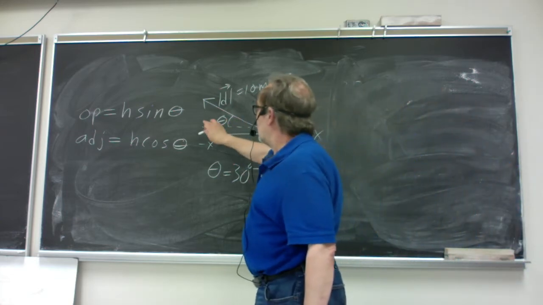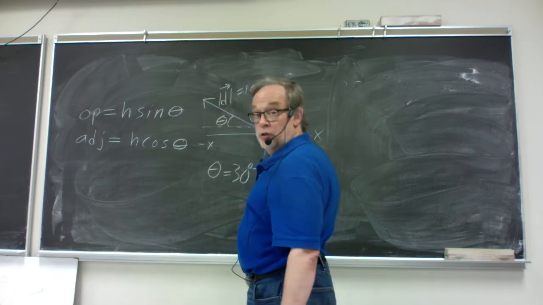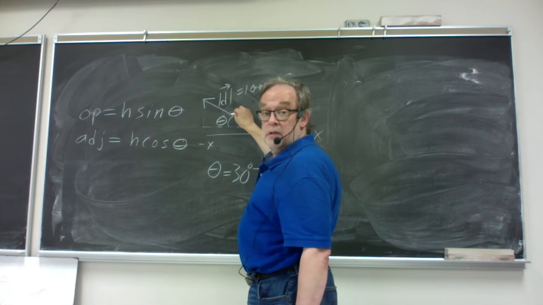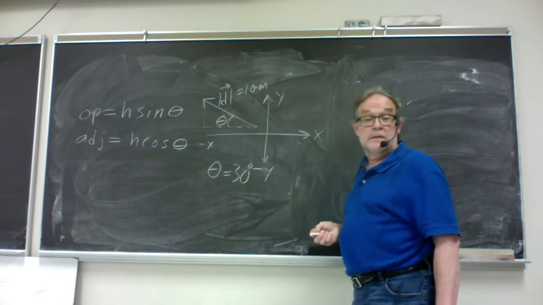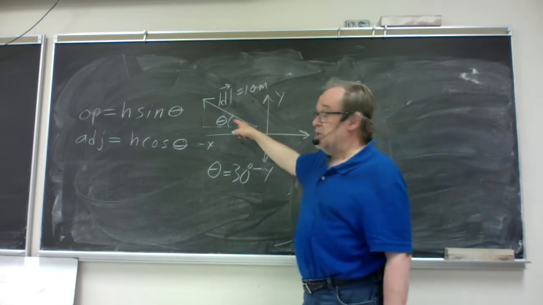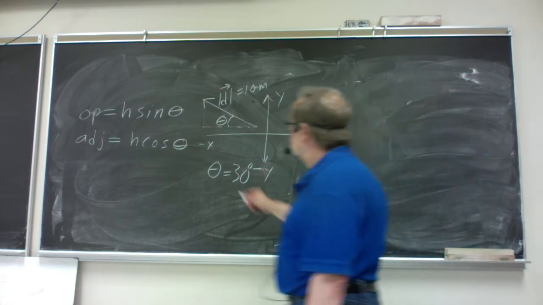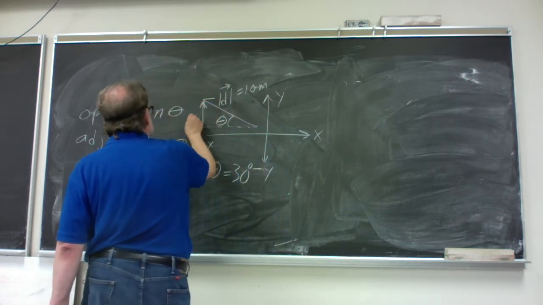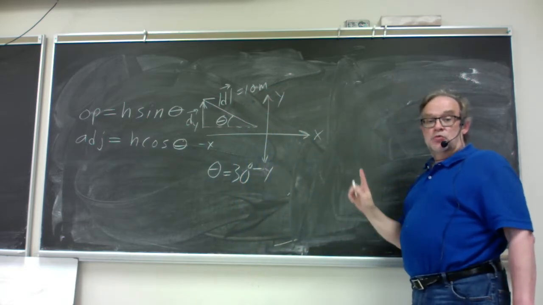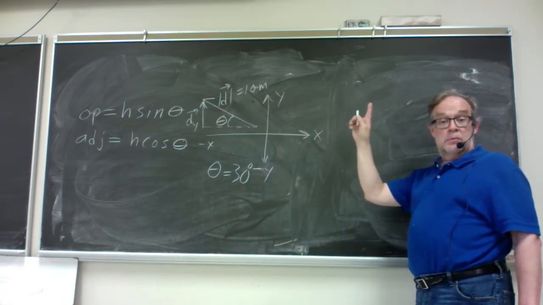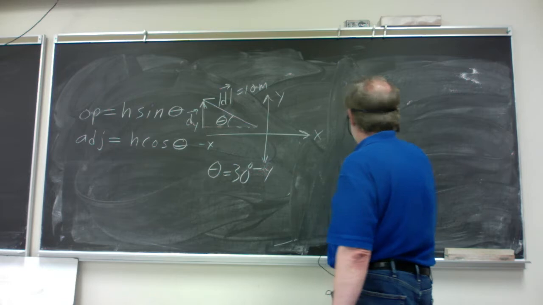The side opposite, just imagine the triangle that's formed by the vector itself as the hypotenuse, and then the two components as the perpendicular sides of the right triangle. The side that's opposite to the 30-degree angle is the y component of that displacement. And dy is pointing in the positive y direction, so we can represent it as a positive number.